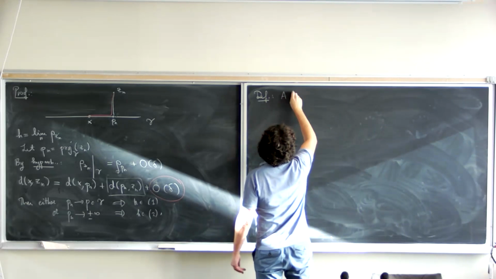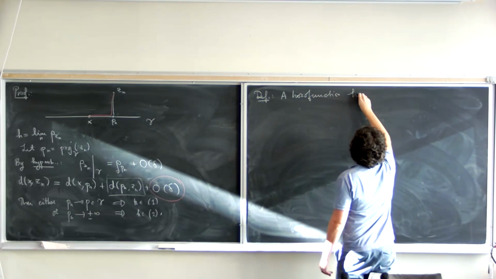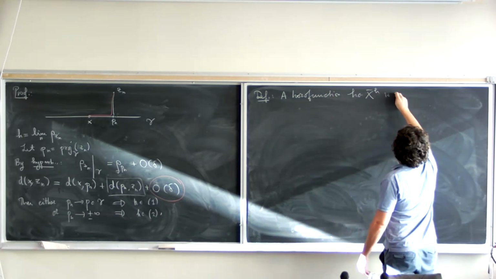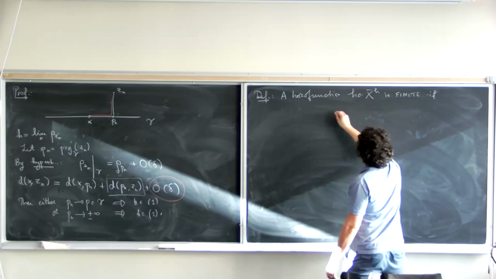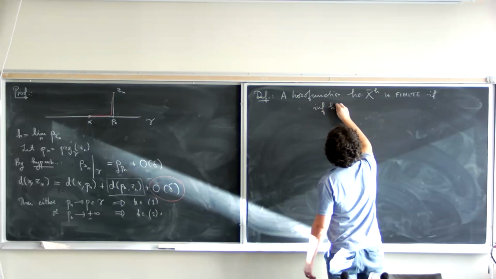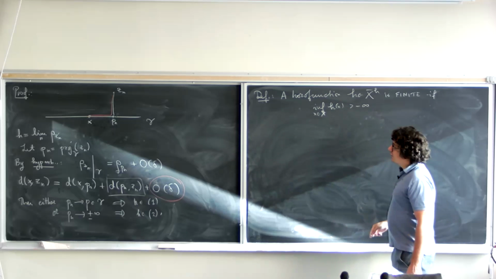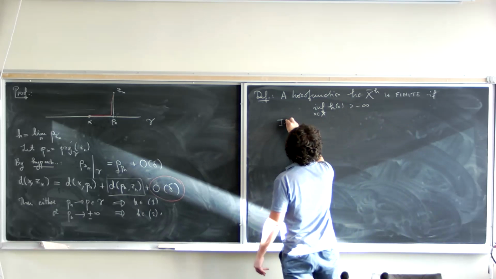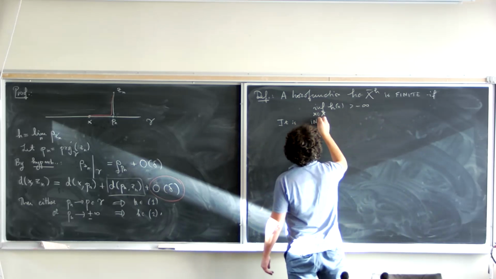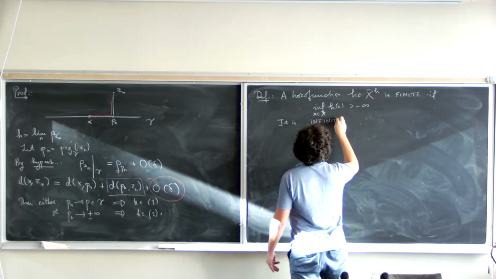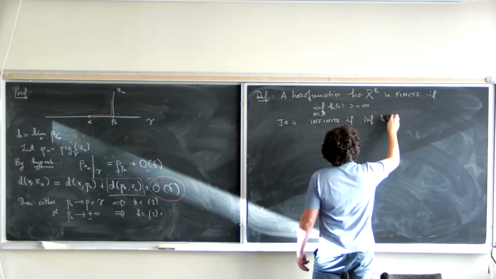We say a horofunction H in the boundary of X is finite if the infimum of H is not infinite, and it is infinite if the infimum of H is infinite.